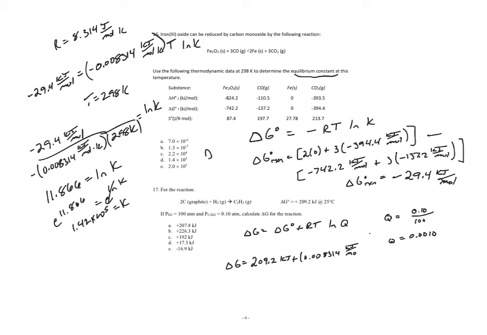So we divide 8.314 by 1,000, times T, which is 25 degrees Celsius in the problem, or 298 Kelvin, times the natural log of 0.0010. So this is just a straight plug-and-chug problem. I'll give you a couple of seconds to calculate this. After doing these calculations, you should get 192.08 kilojoules, and that would be answer C.